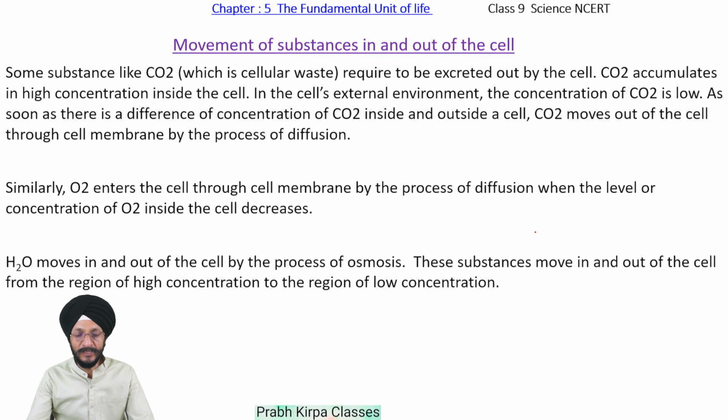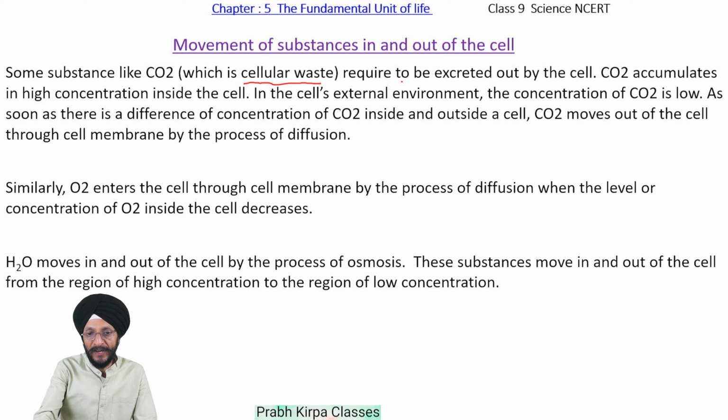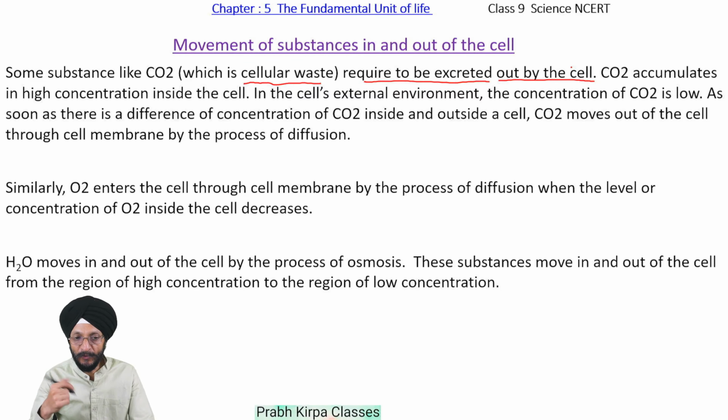Now another question is how the substances move in and out of the cell. So let us see. Some substances like CO2, that is carbon dioxide, which is a cellular waste, are required to be excreted out by the cell. That is, there is no need of carbon dioxide inside the cell. It has to be removed from the cell.